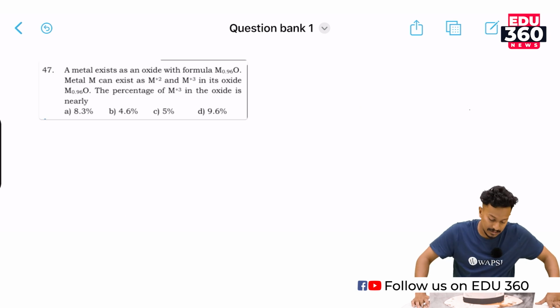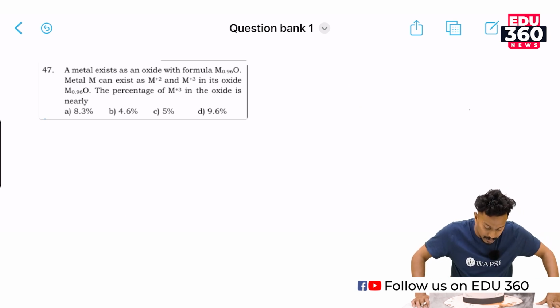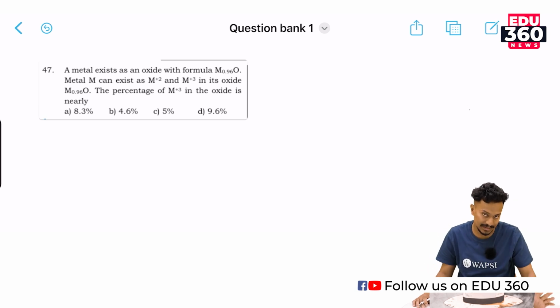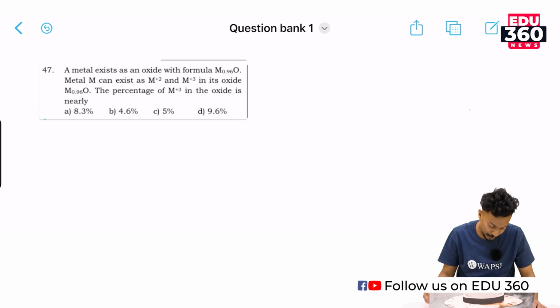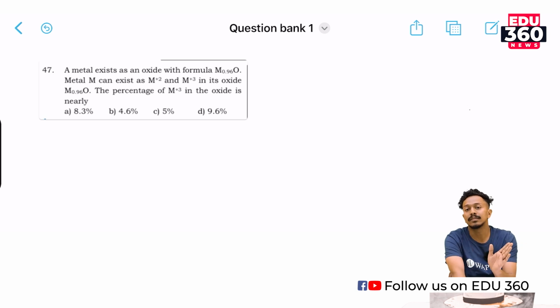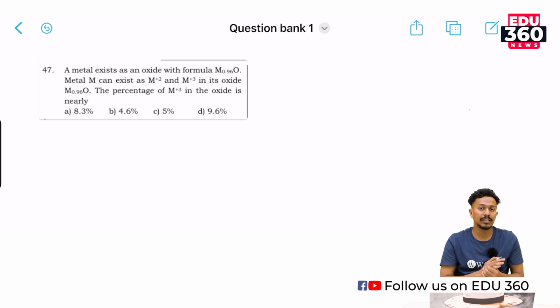A metal exists as an oxide with the formula M0.960. A metal M can exist in M+2 and M+3 oxidation states. We do know that. In M0.960, the percentage of M+3 in this oxide is nearly. You have to find the percentage of M3+. We know that the sum of the oxidation states of M+2 and M3+ and the free ion is equal to 0, so we could easily find the percentage of M3+.